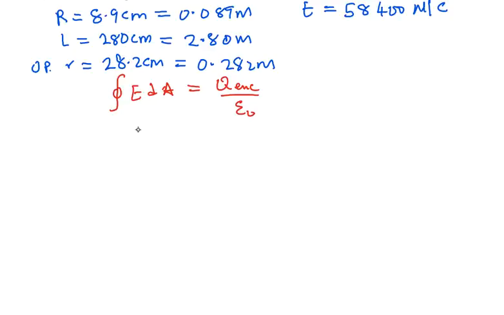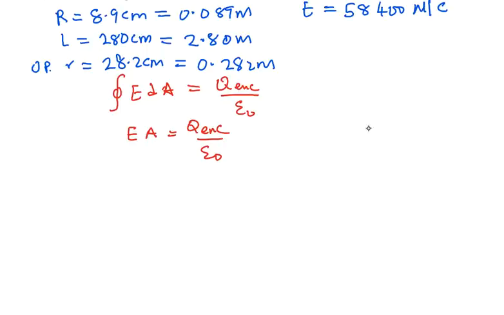So we can say that EA is equal to Q enclosed divided by epsilon naught. Here we are talking about the cylinder.